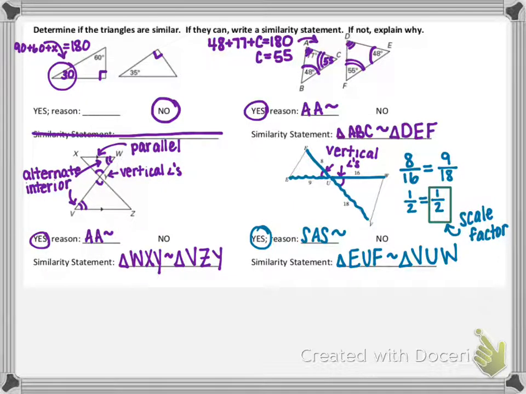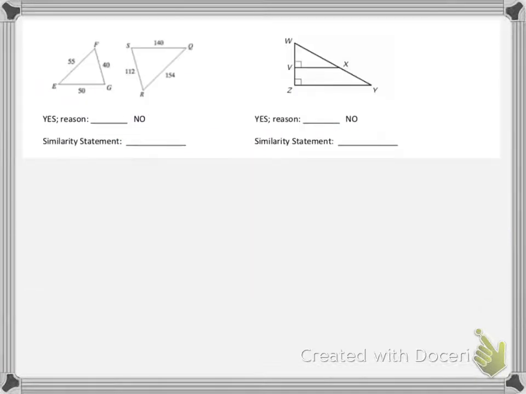All right, let's knock out a couple more. All we have are sides over here, right? So remember my tip, go with the shortest side to shortest side. The shortest side in EFG is 40. That will go over the shortest side, 112.